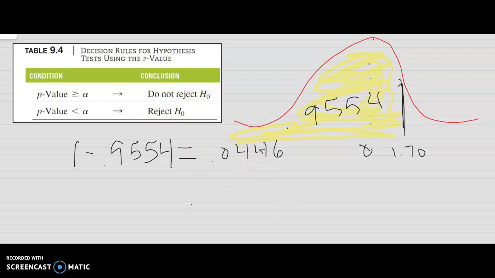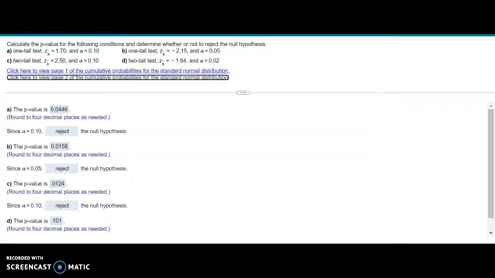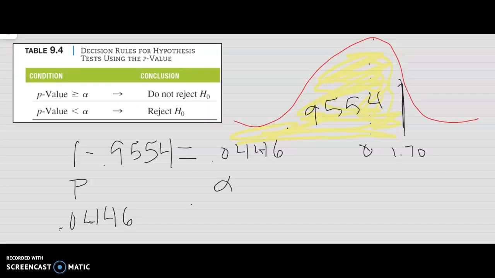Well, your p-value was given, your alpha value is given, so let's put p down. P is 0.0446, and your alpha was 0.10.